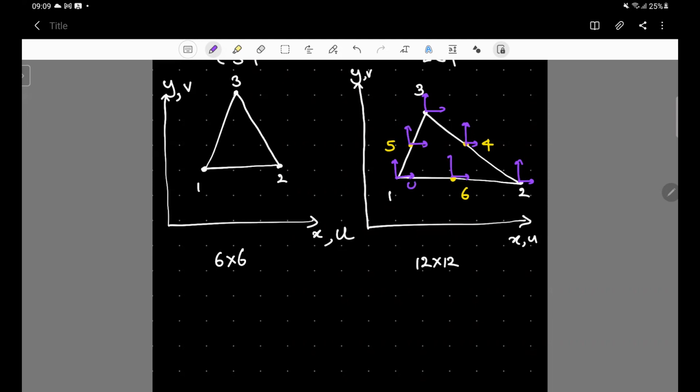So the displacements in the x directions are given by the displacement functions u1, u2, u3, up to u6, and the displacements in the y directions are given by v.